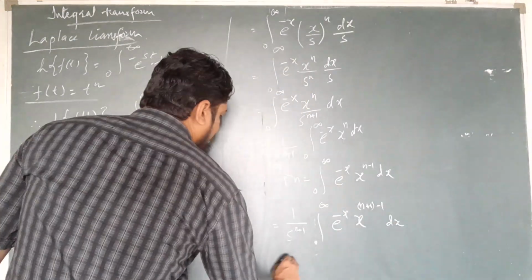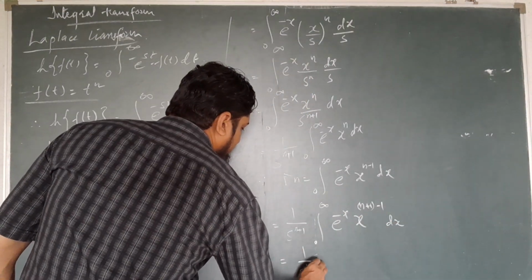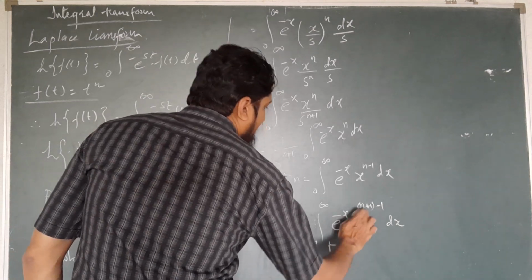So it is the definition of 1 upon s raised to n plus 1 times gamma of n plus 1.